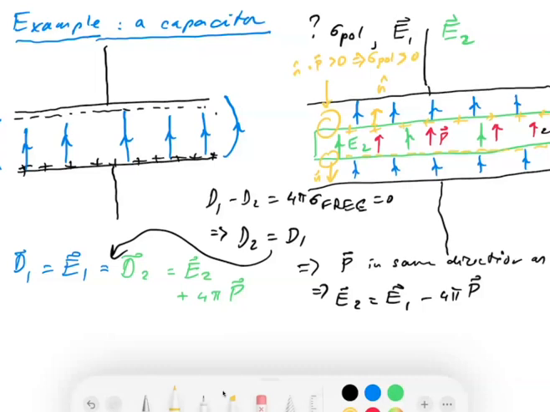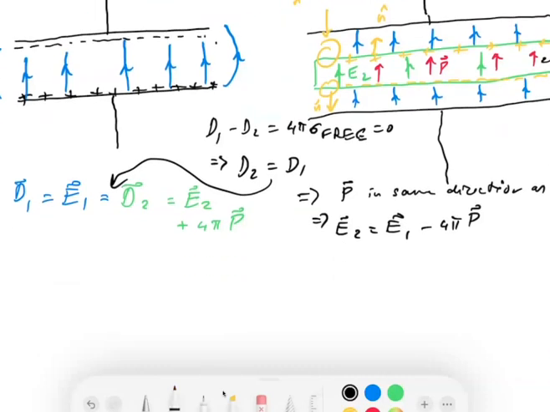Okay, now finally, you know that delta V is simply negative E dL. So in a capacitor, we now know that if you insert that slab of a dielectric, the electric field there is going to be smaller.